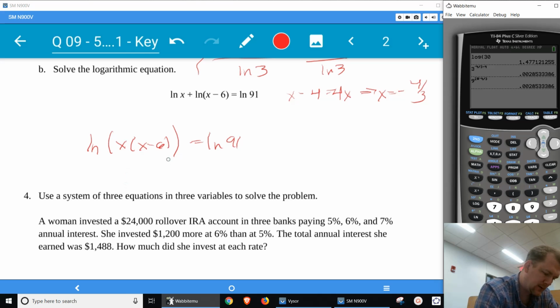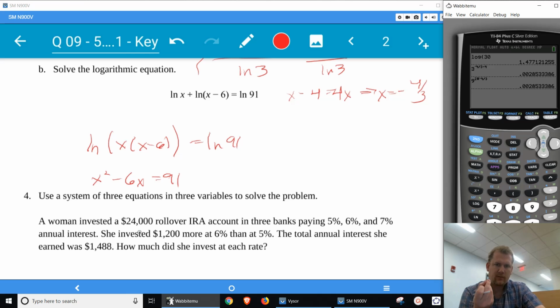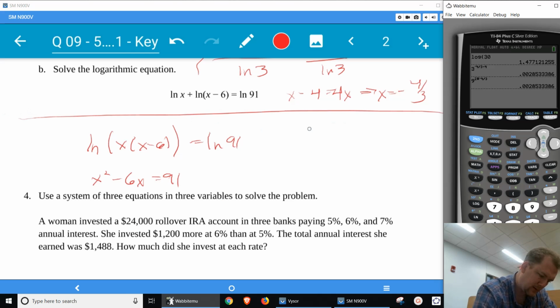So distributing this x, you get x squared minus 6x equals 91. So you can just make both sides the power of e, and then they cancel out. So then you would subtract the 91.